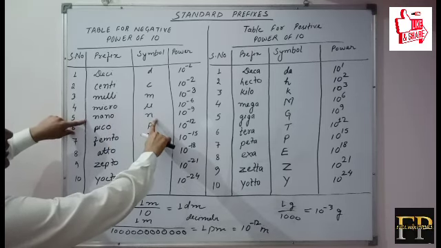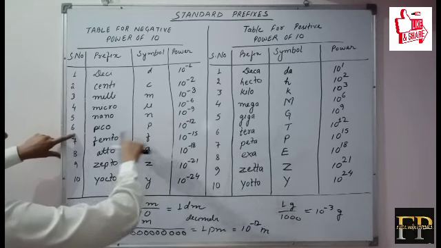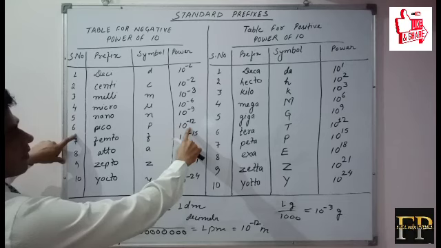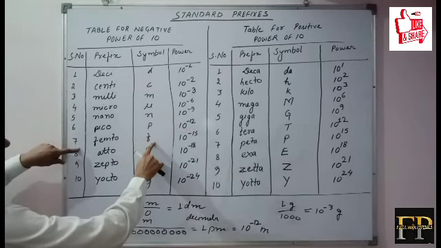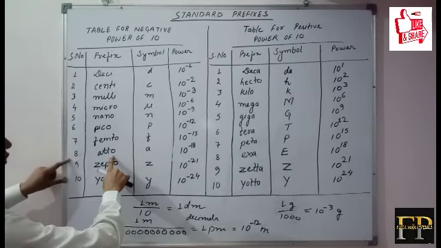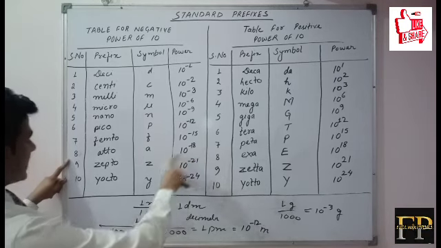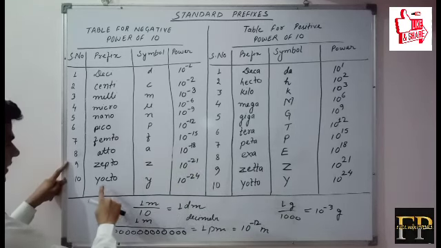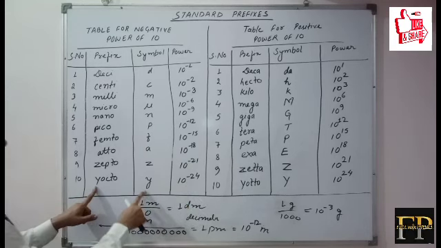Nano, the symbol for nano is n, and the power is minus 9. Pico, the symbol of pico is a small p, and the power is minus 12. Femto, symbol is f, power is minus 15. Atto, symbol is a, and power is minus 18. Zepto, z, minus 21. Yocto, power is minus 24, it is written by y.